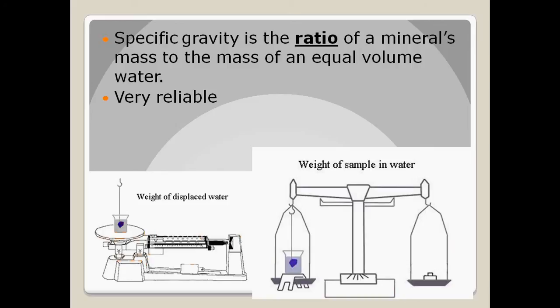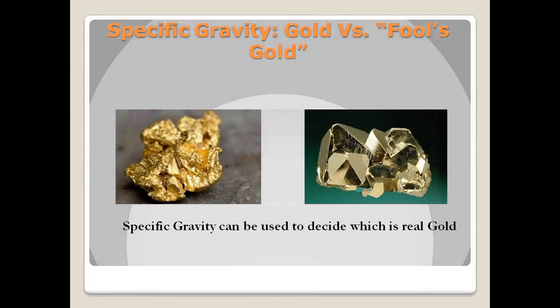This measurement can be very reliable when you're determining what material you have. One example would be the challenge of gold versus fool's gold. A lot of times I like to ask people if they can tell the difference between fool's gold and real gold, and some people can. By looking at them, they both have kind of a gold texture. However, specific gravity can be used to decide which is the real gold and which is the fool's gold.